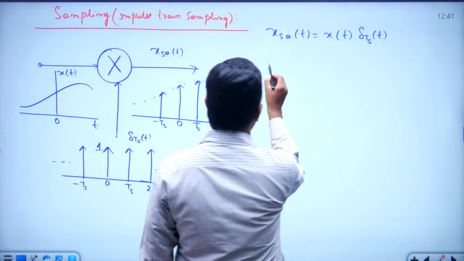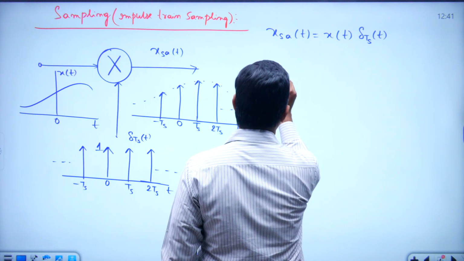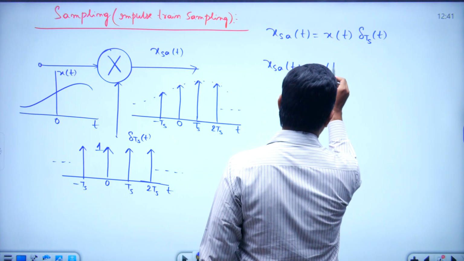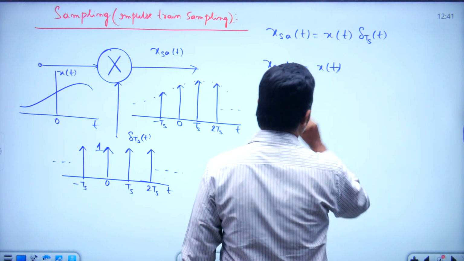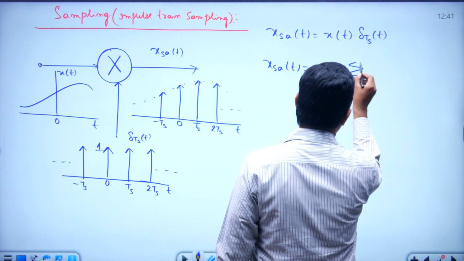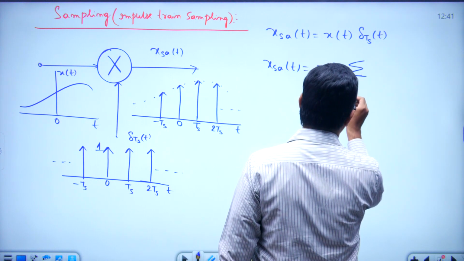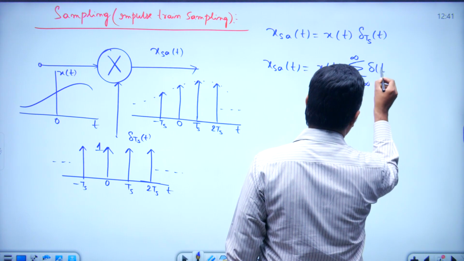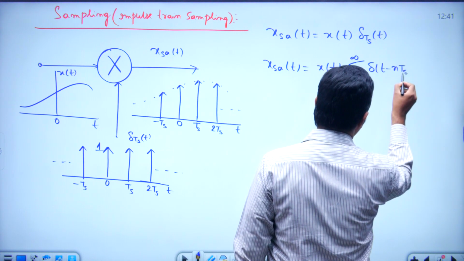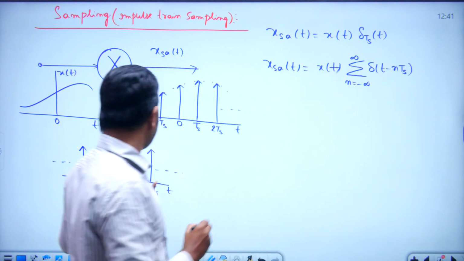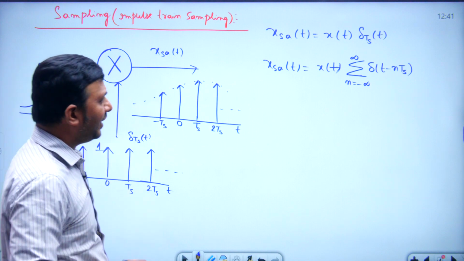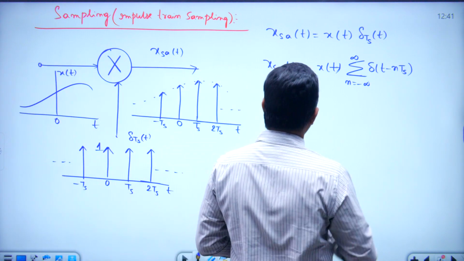Now observe here, x sampled of t is x of t multiplied with del Ts of t. The impulse train mathematically can be written like this, summation n varying from minus infinity to infinity del of t minus nTs. Can I write it in the form of a summation? Yes. Now observe here.